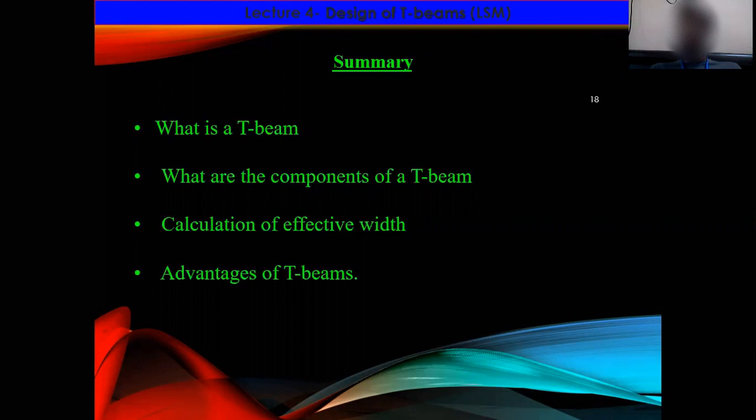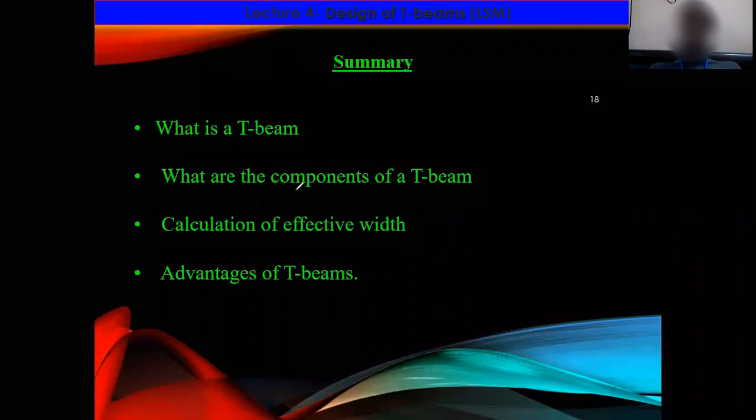If I consider the slab resistance also, the bending moment capacity will increase and the depth required will become less as compared to the isolated beam. That is why I am going to design a T-beam, right? And this can generally be designed in intermediate beams, right?